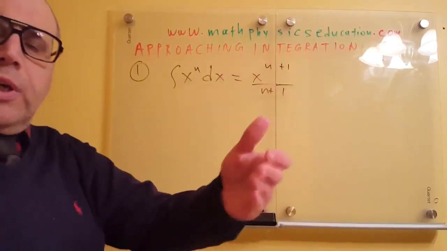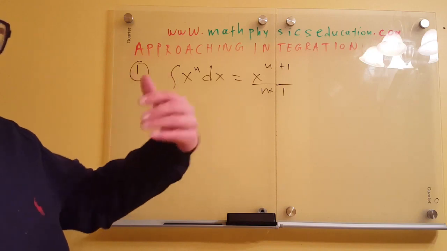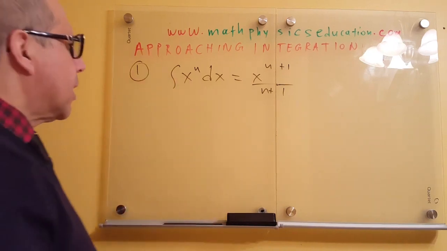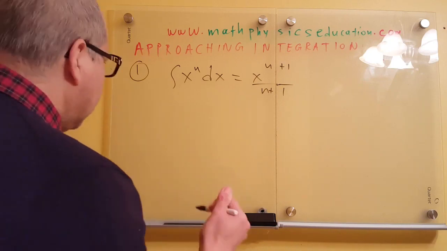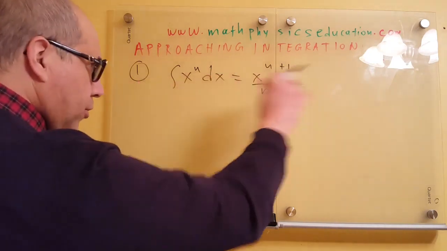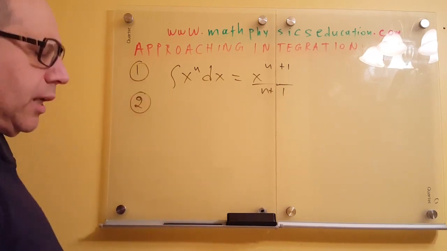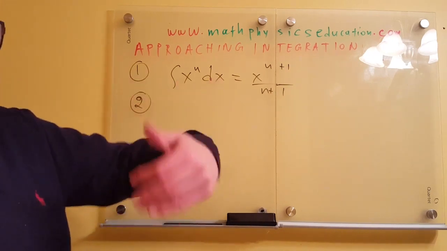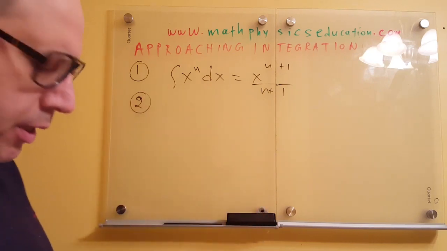The integral of e to the x is e to the x, etc. So all these functions that we already know the integrals of. Now the second step, if it's not one of those, the second easiest is substitution.